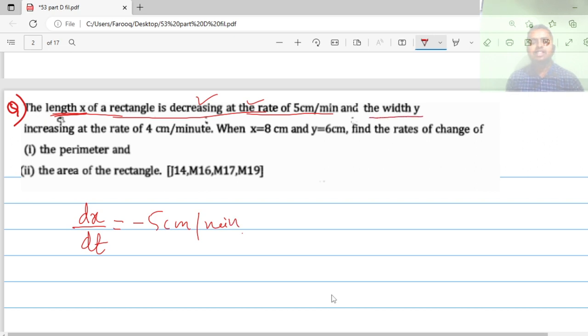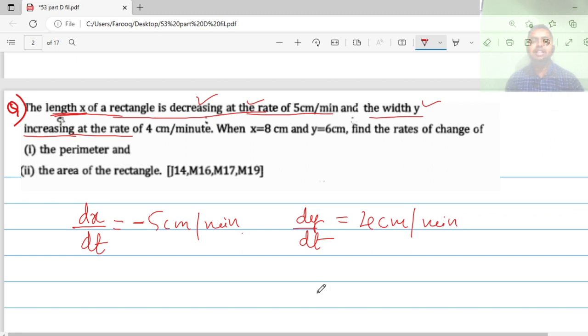And the width y is increasing at the rate of 4 centimeter per minute, that is dy by dt is 4 centimeter per minute. Increasing means plus sign, decreasing means minus sign.